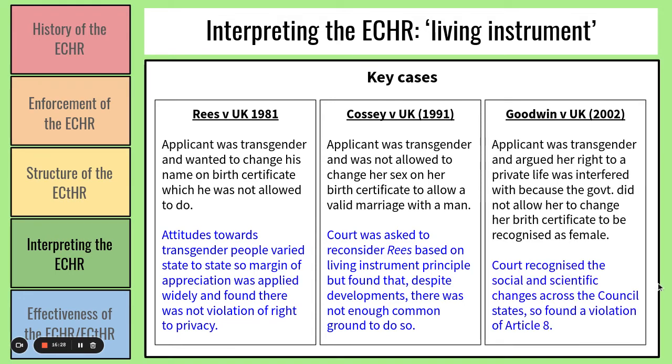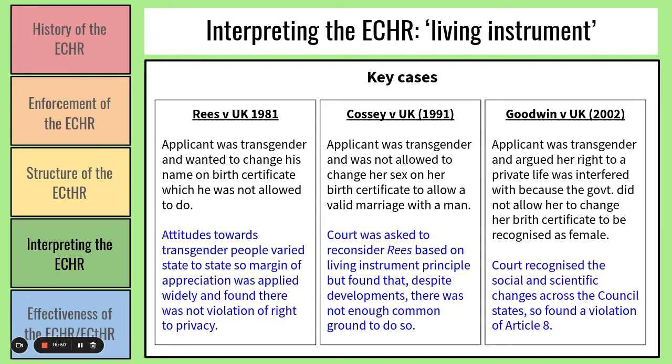Fast forward then to 2002, and we've got Goodwin v UK. Once again, the applicant was transgender and argued her right to a private life was interfered with because the government did not allow her to change her birth certificate to be recognised as female. In this case, however, the court recognised the social and scientific changes across the Council states, so did find a violation of Article 8.